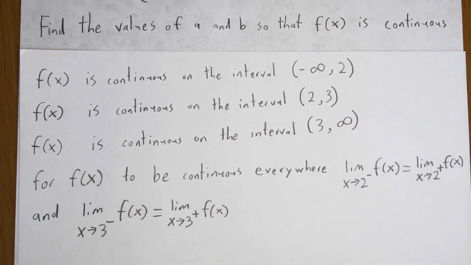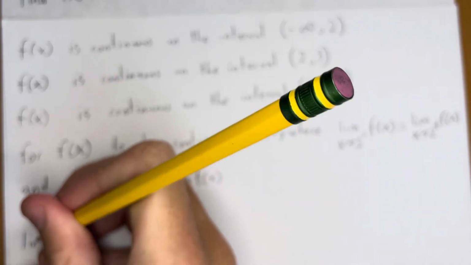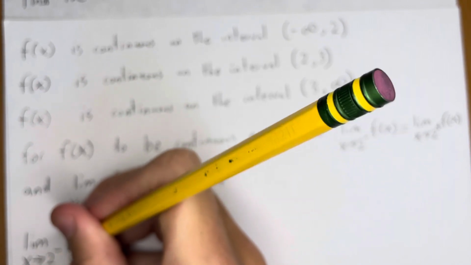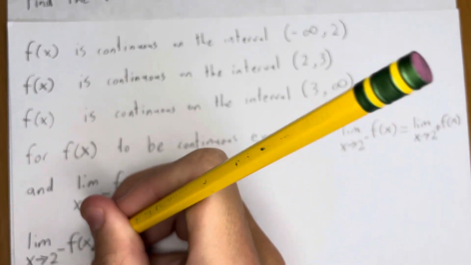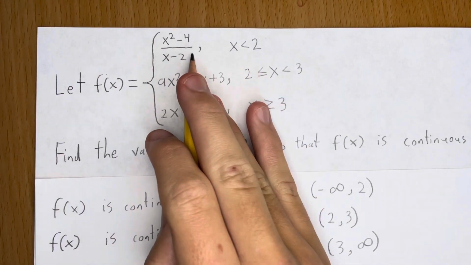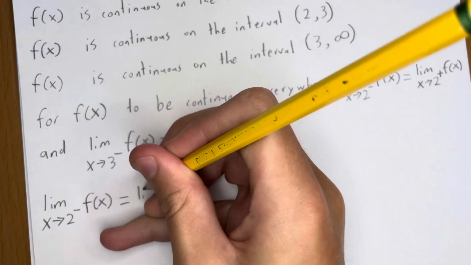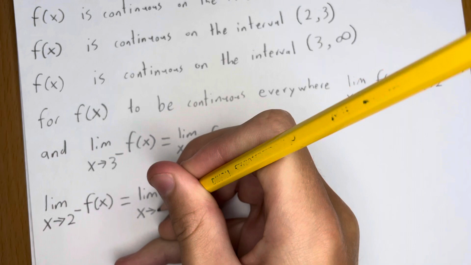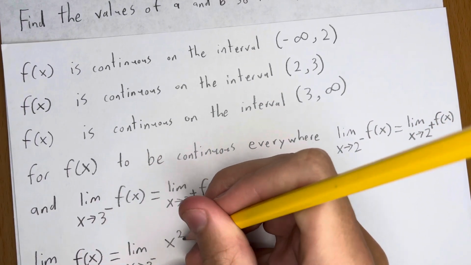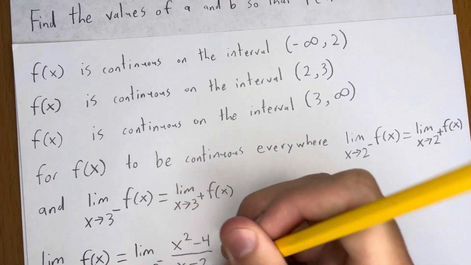The next thing is we can define these different limits. The limit as x goes to 2 negative of f of x, we can see is going to be using this right here. So this is equal to the limit as x goes to 2 minus of x squared minus 4 over x minus 2.